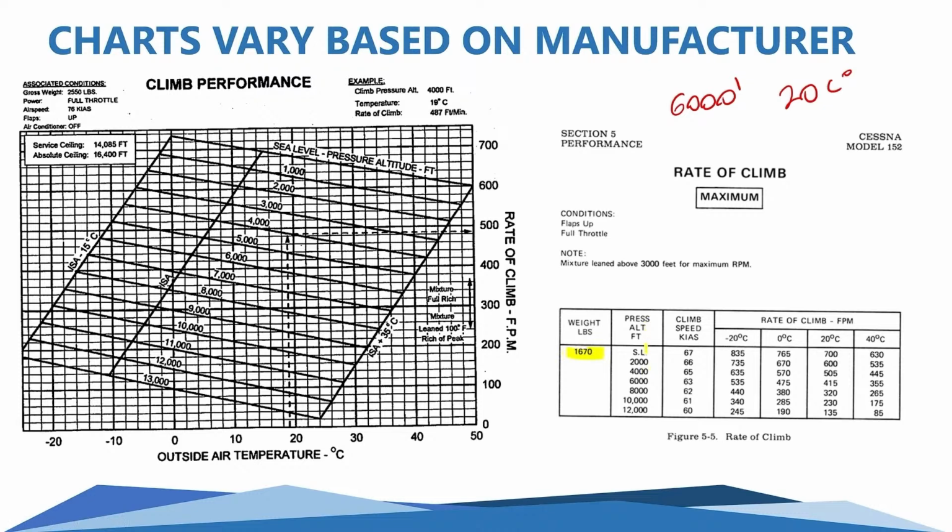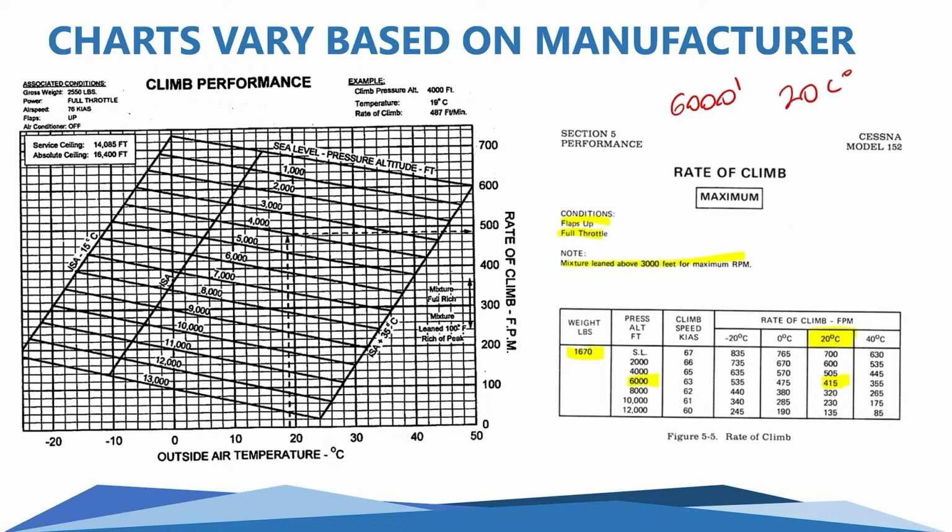I would look at what altitude I intend on flying, which would be 6,000 feet, and then look for the closest temperature, which is 20. And very simply, the number that I get is 415 feet per minute. I'd have to make sure that the conditions are as in the book: flaps up, full throttle, and the mixture leaned above 3,000. That means I'd get 415. So Cessnas are a little bit easier in that sense when going through the performance information.